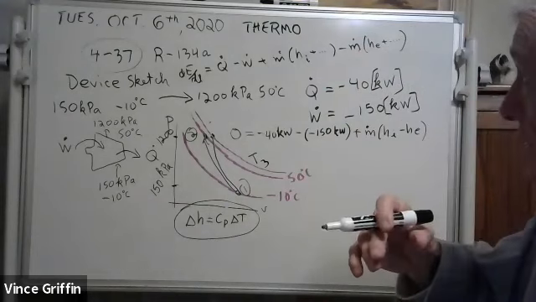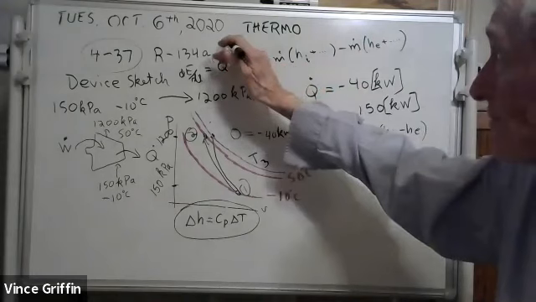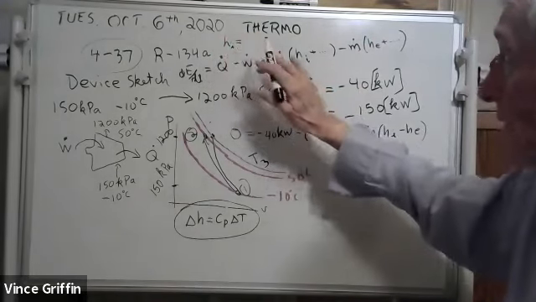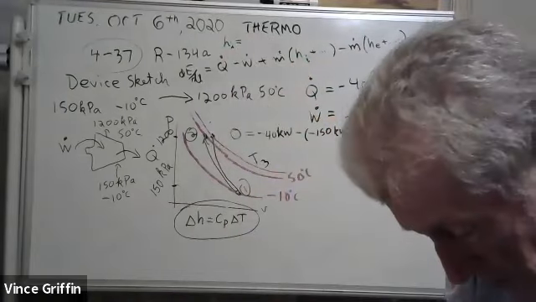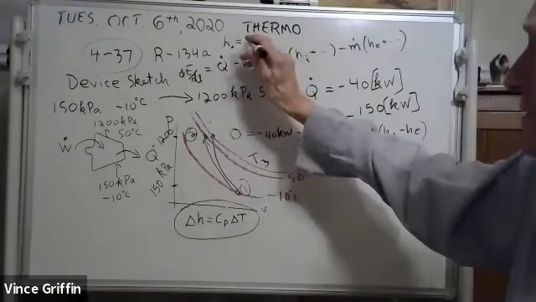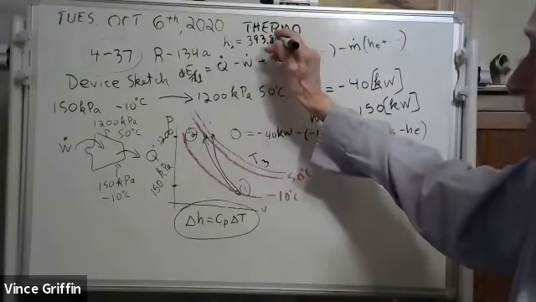I need to write that someplace. You see that little h_i right there? I found it. It's 393.84.